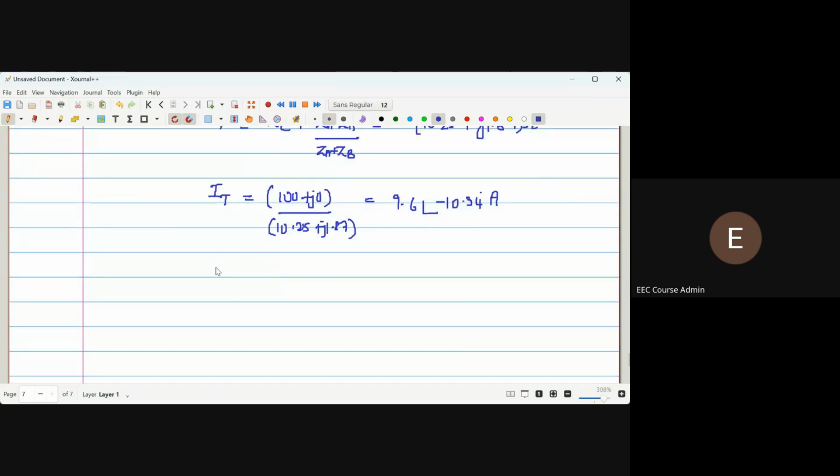So the meaning is the current lags behind the voltage by 10.34 degrees, that is, minus 10.34.